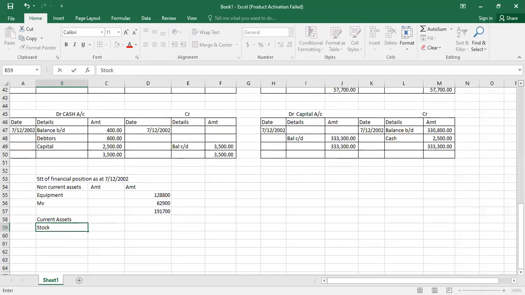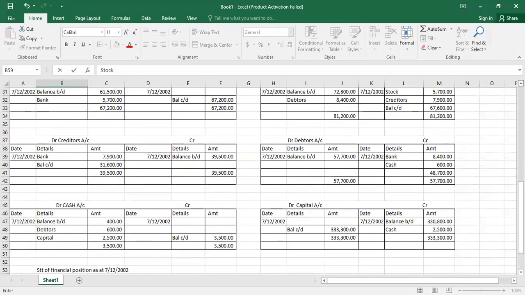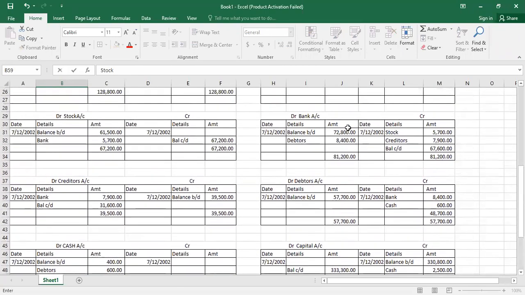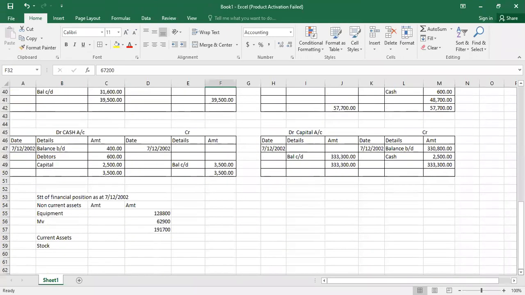We look at the stock journal. The stock journal has a balance carried downward of 67,200. So that's the figure we take to the balance sheet. We put it on this column. We have said 67,200.